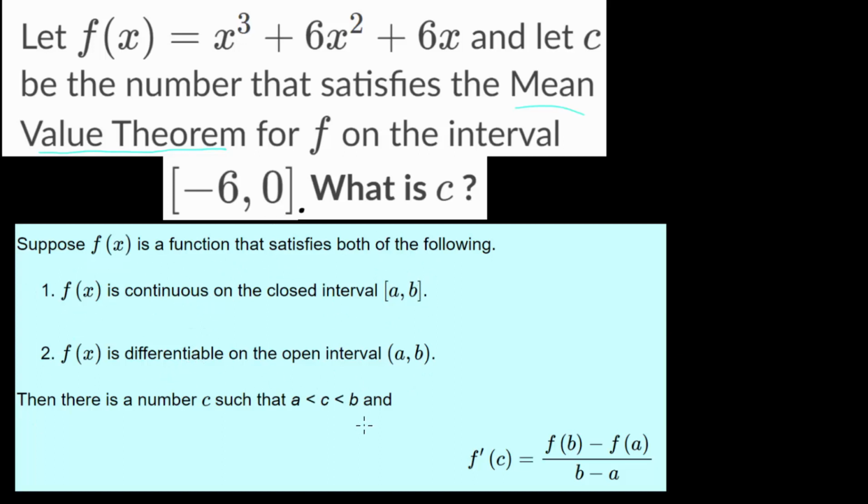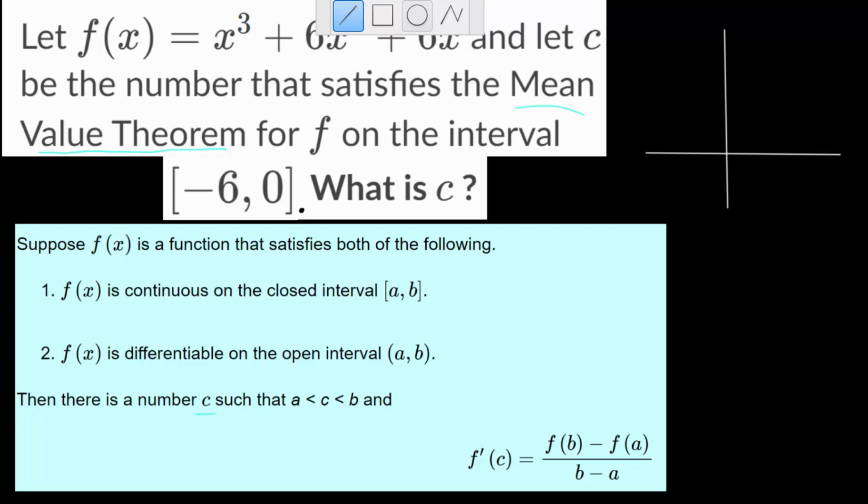And if those conditions are met, then there is a number c such that c is between a and b, and the derivative at c is the difference in the function values at these endpoints divided by the difference between the endpoints. So this might seem a little bit abstract, but if we draw a quick sketch, it's fairly intuitive.